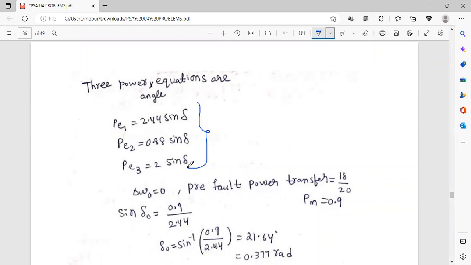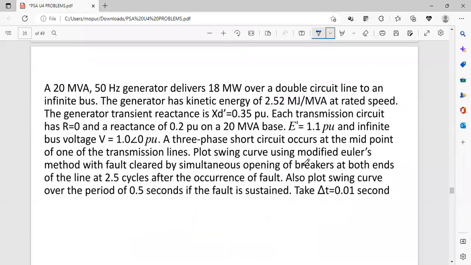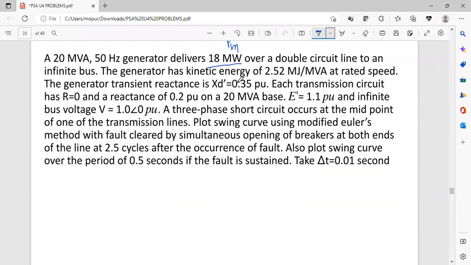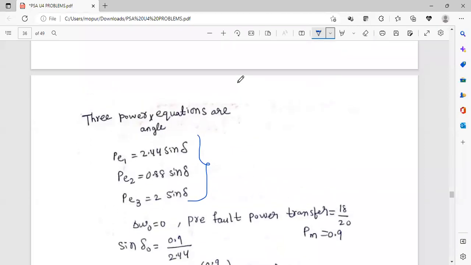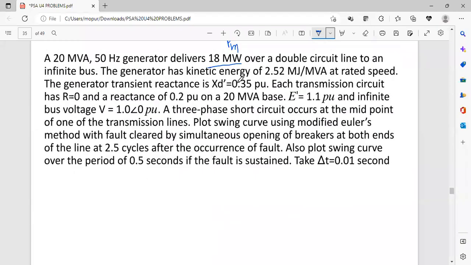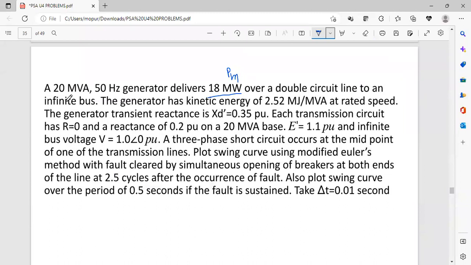We know that in the problem, they had given PM, which is 18 megawatt, and they had given a base power SB.